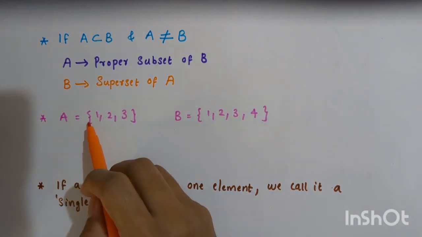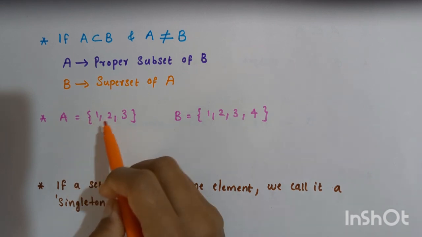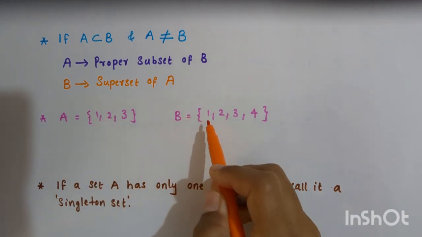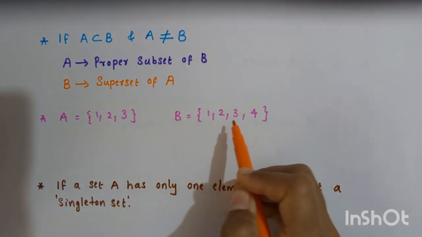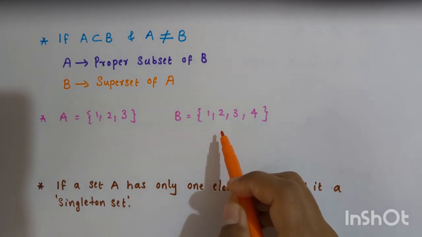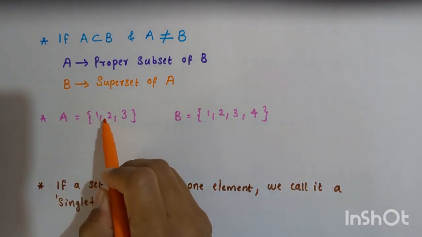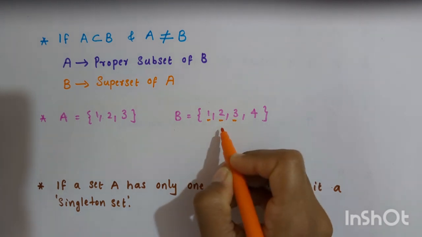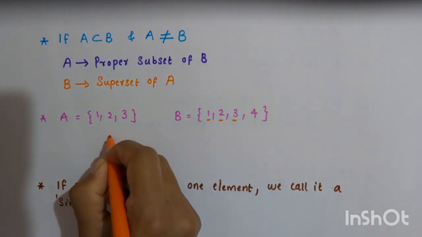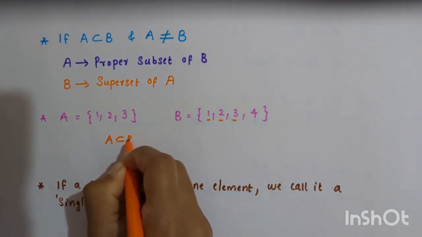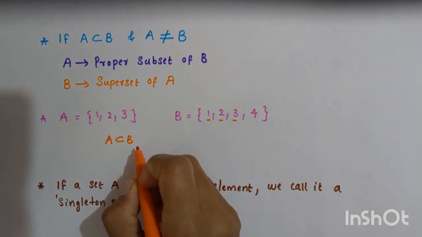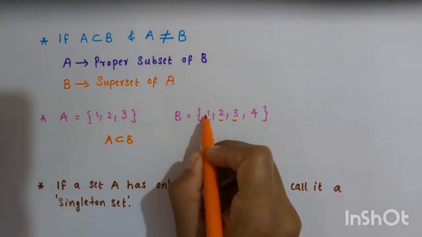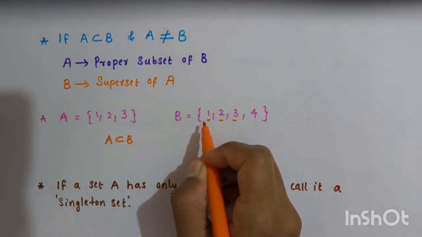So let us consider this example. We have set A which has these elements 1, 2, 3 in it. We have another set B which has these elements 1, 2, 3, 4 in it. So here you see, every element in set A is also an element in set B. So we can say that A is a subset of B. But you see the elements in both the sets are not the same.